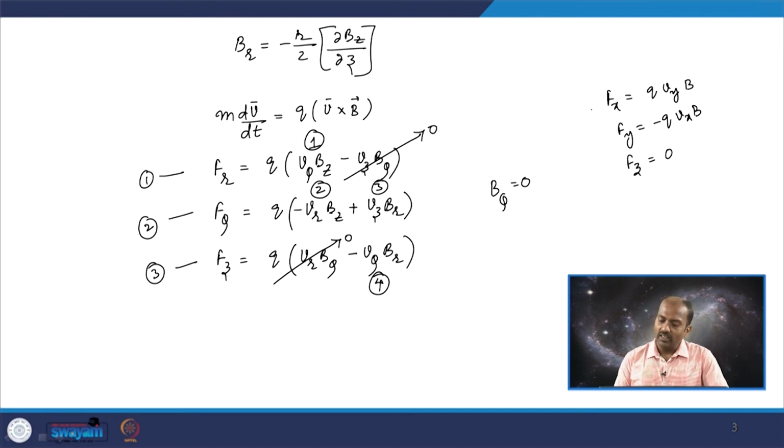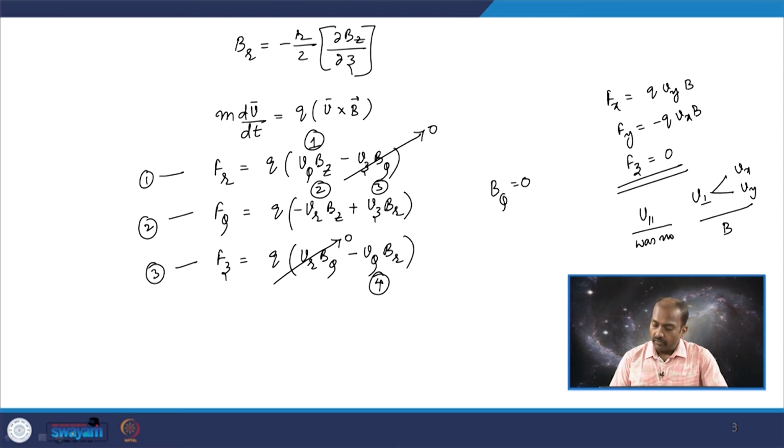Then we said that there is no force acting on the particle in the parallel direction. So, V parallel is uninfluenced, V perpendicular is what is influenced. So, V perpendicular was Vx and Vy. These two components of velocity were influenced by the magnetic field, and V parallel was not influenced by the magnetic field at all.